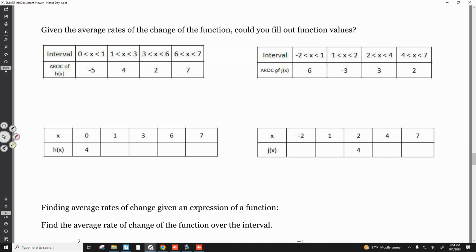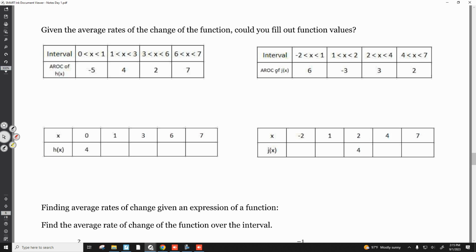Oh, here's a challenge one for all you smarties out there. I don't have the points on my function, but I do know on average how my function is changing.